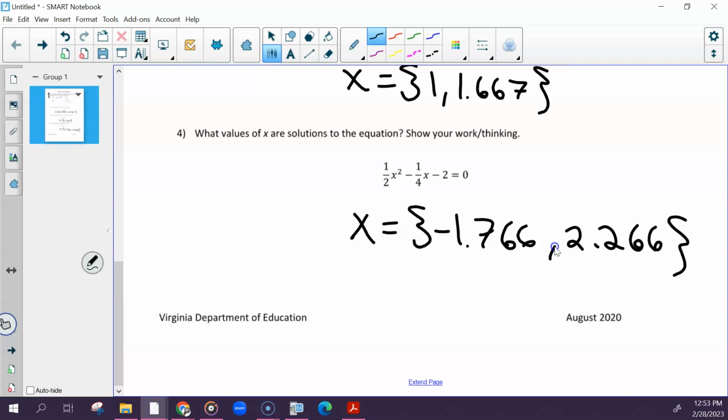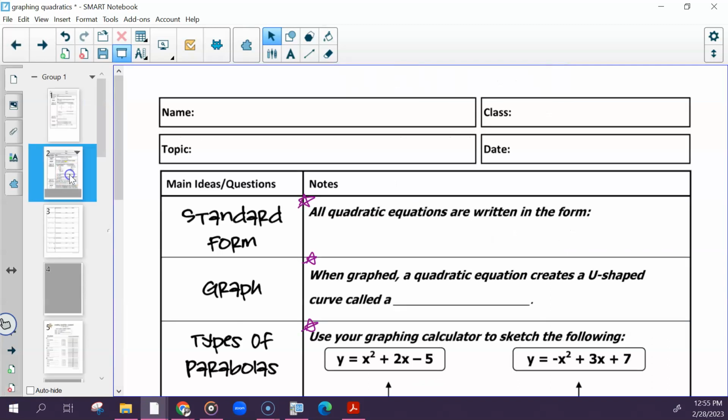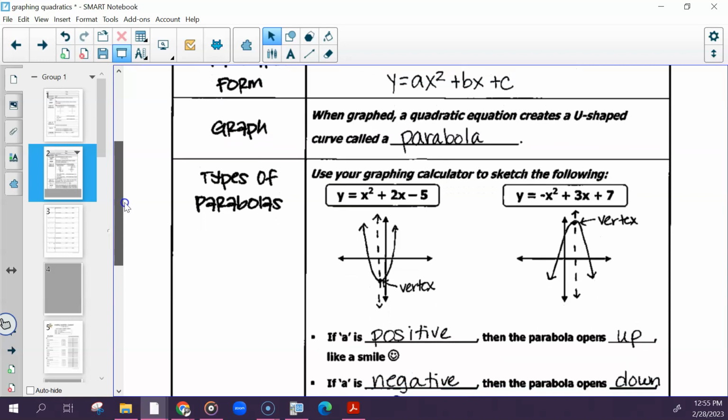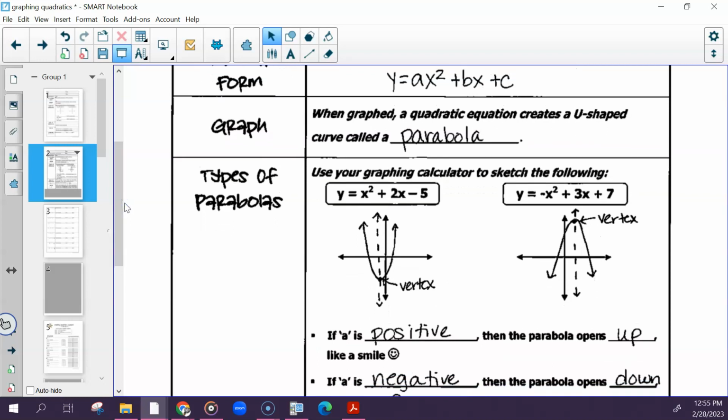For the notes we're going to use today, if you don't have your calculator, go grab that. And you can start writing. Include the rough sketches.